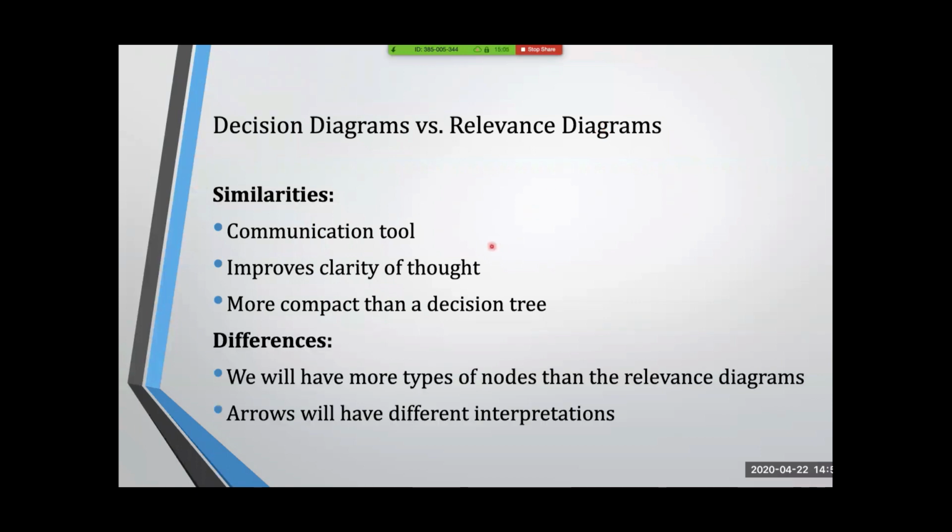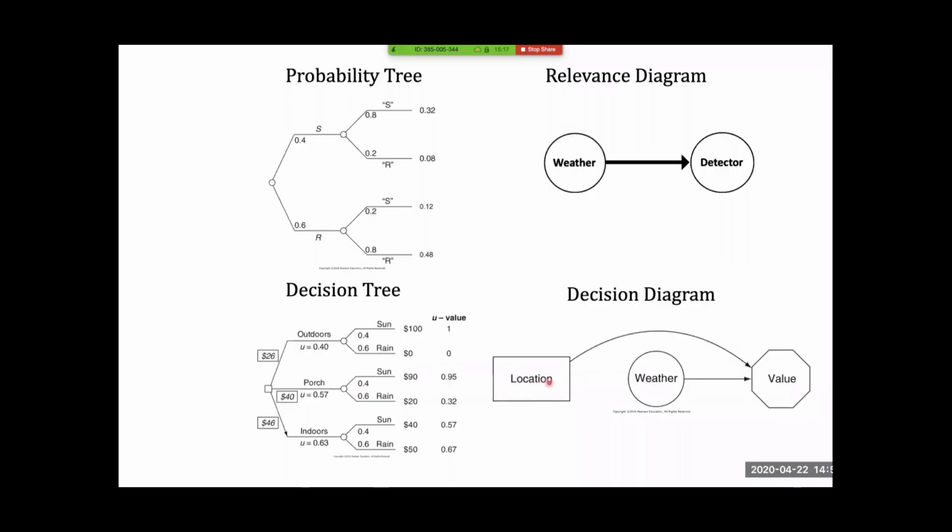But there are always some differences between the decision diagram and the relevance diagram. One thing you noticed in the previous example is that there are more shapes in the decision diagram than just the oval or round shapes. Here we have a square, and here we have another stop-sign-shaped thing.